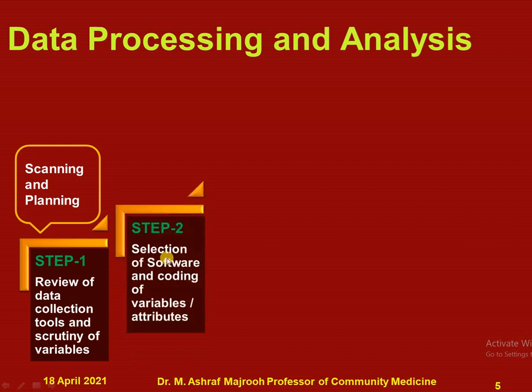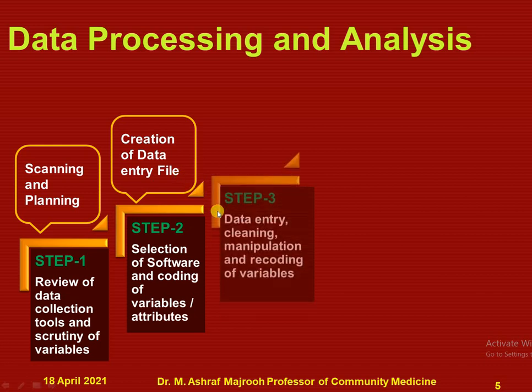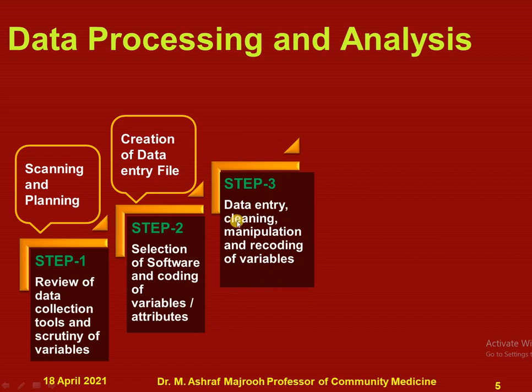Then step 2 is the selection of software and coding of variables or attributes. This step is for the creation of data entry files. The third step is data entry, cleaning, manipulation and recoding of variables. And this is meant for creation of new variables from the raw, entered data.